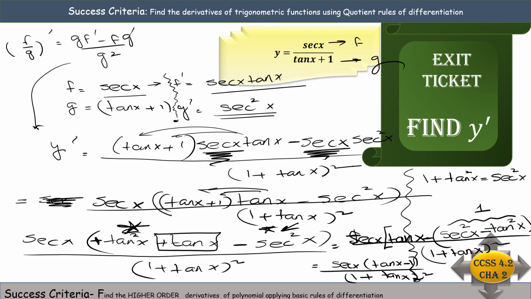So try to understand this question. The board is very messy, but if you do not get any step, please rewind the video and watch again. You will understand, of course. The basic thing is that in order to solve trigonometric functions, it is very important that you remember the previous concepts we already studied in grade 11, like identities, or how sec x is the reciprocal of cos x, or cosec x is the reciprocal of sin x, and so on.